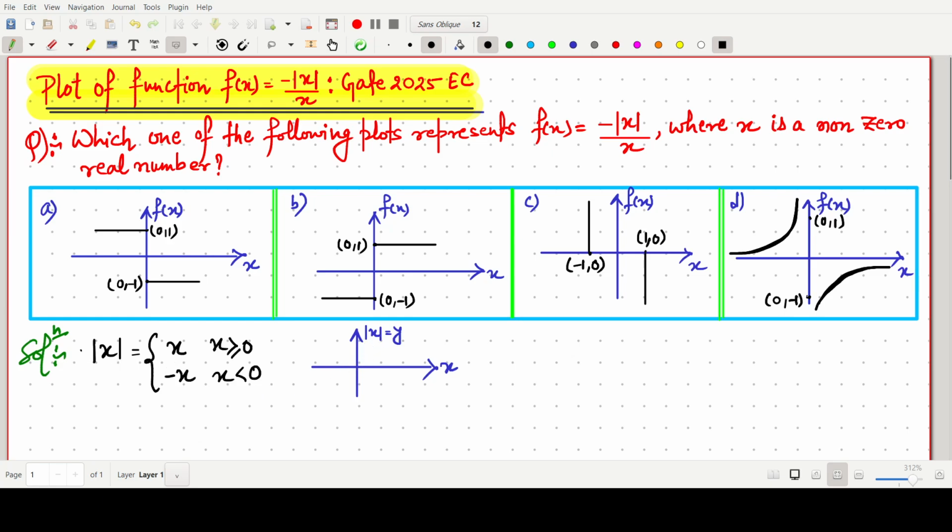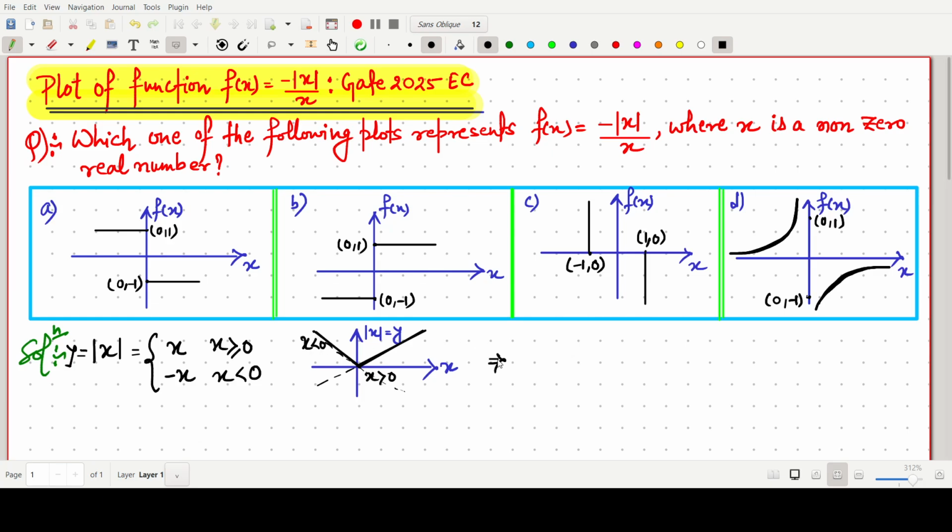So here we observe, y equals x line, which I am taking for x greater than 0, so only this part, and y equals minus x line for x less than 0.